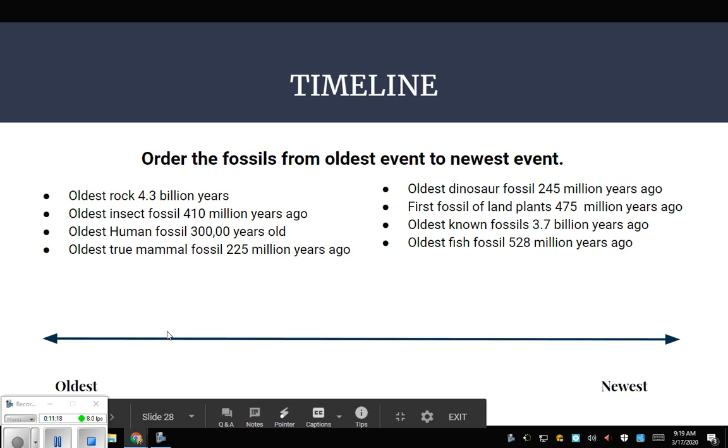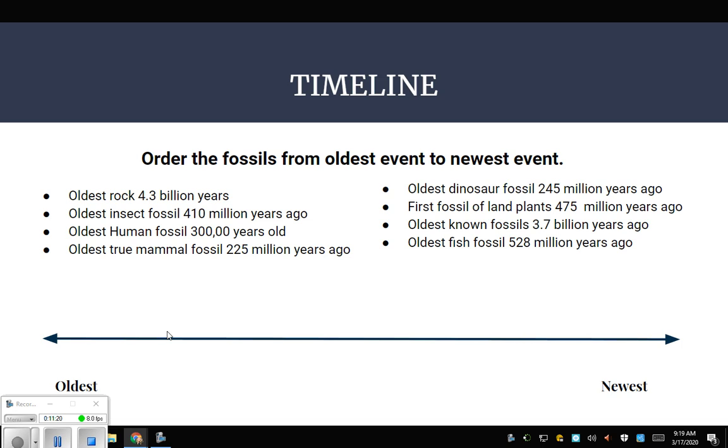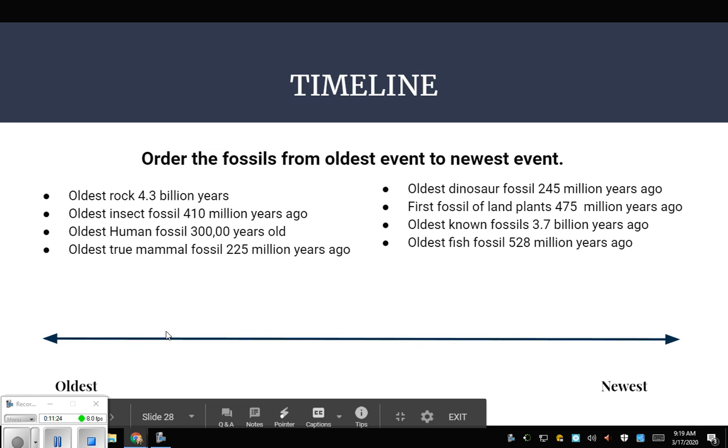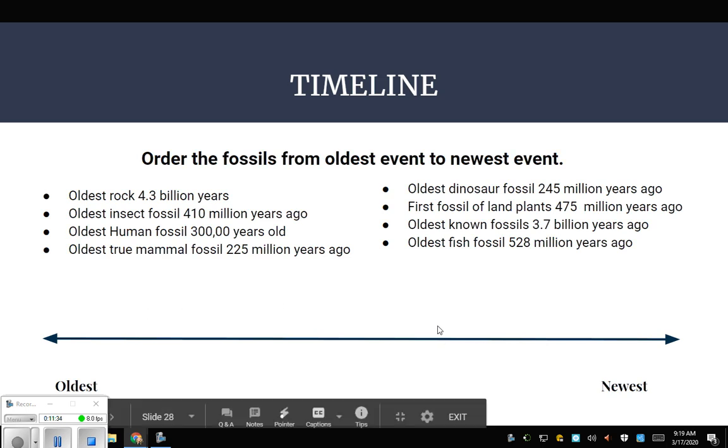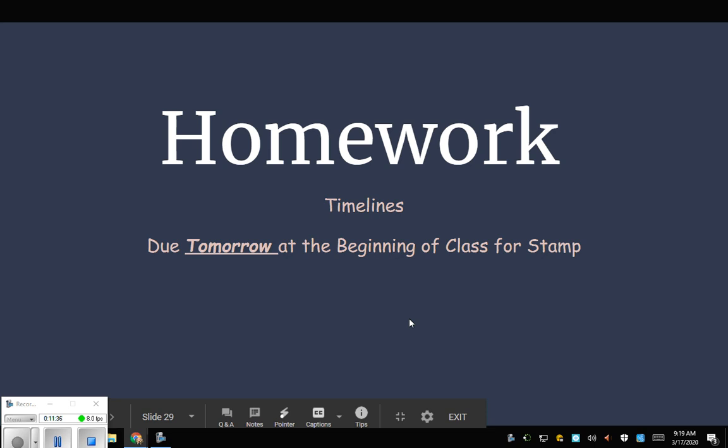The oldest fish fossil is 510 million years ago. It's ocean dwelling. So we're going to take that one and put it next to that one. Then you're going to do that with the rest of them and put them in order.